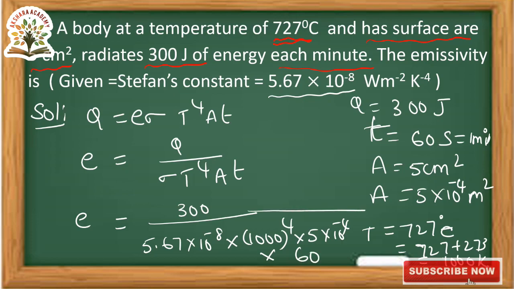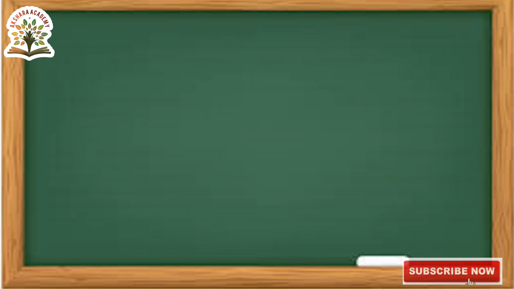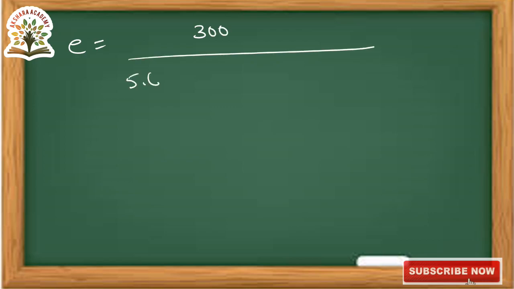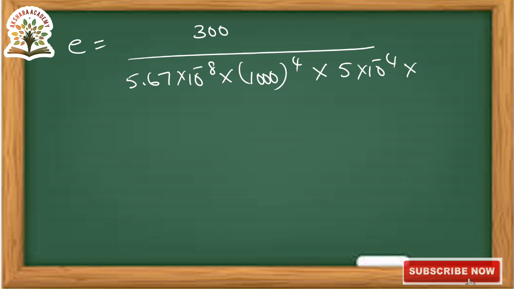Okay, next E is equal to 300 by 5.67 into 10 to the power of minus 8 into 1000 to the power of 4 into 5 into 10 to the power of minus 4 into 60.